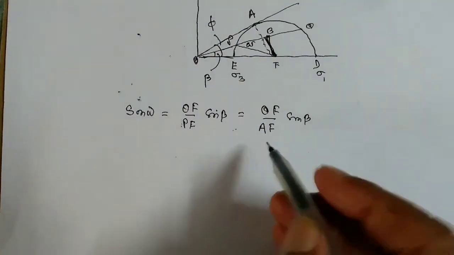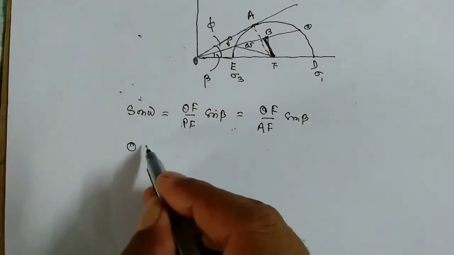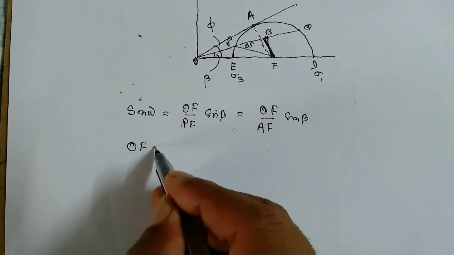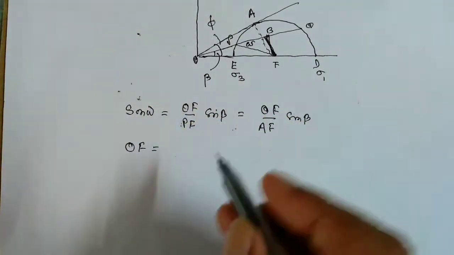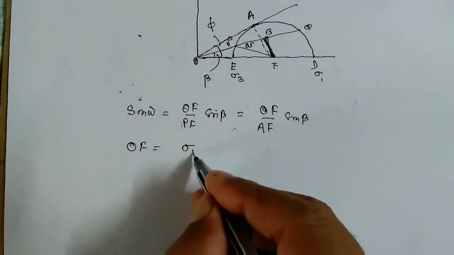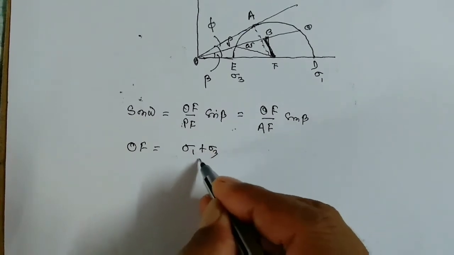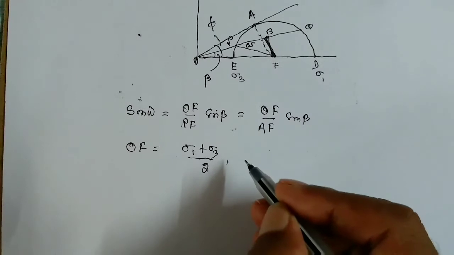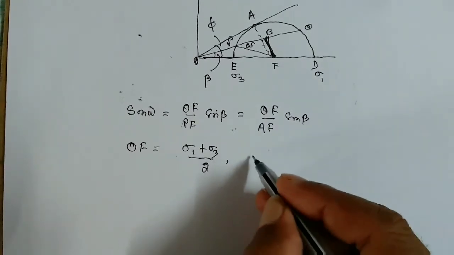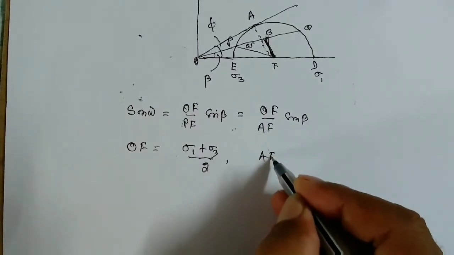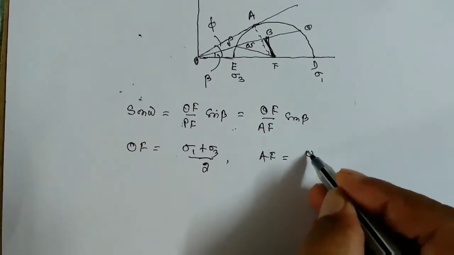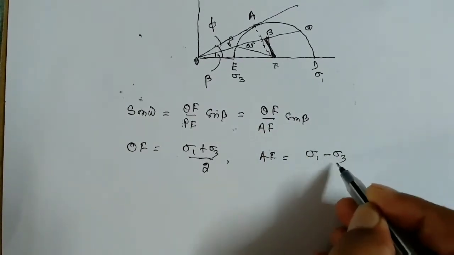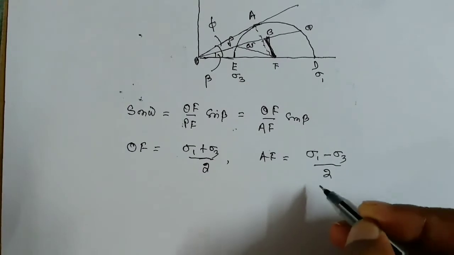Now OF is the mean, (sigma 1 plus sigma 3) by 2, and AF, because it is the radius, is (sigma 1 minus sigma 3) by 2.